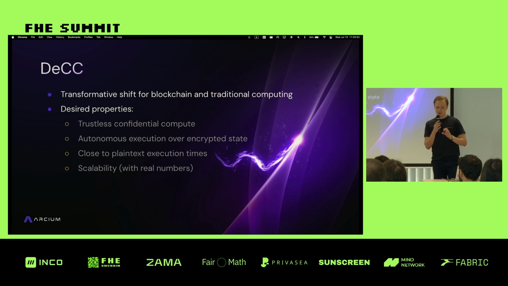So there's this need for close to plain text execution times, and then we want scalability, and especially also scalability for real number computations, because that's what recent times with models and predictions and inference we want to be able to execute in a confidential computation.